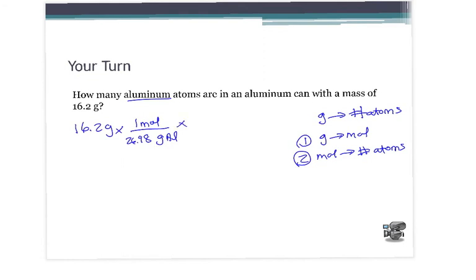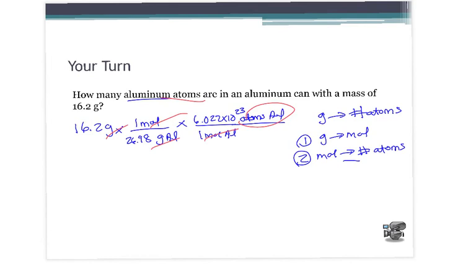And then we go from moles to number of atoms. And we know for every 1 mole of aluminum, there's 6.022 times 10 to the 23rd atoms of aluminum. The grams cancel out, the moles cancel out, and we're left with atoms just like we were asked.